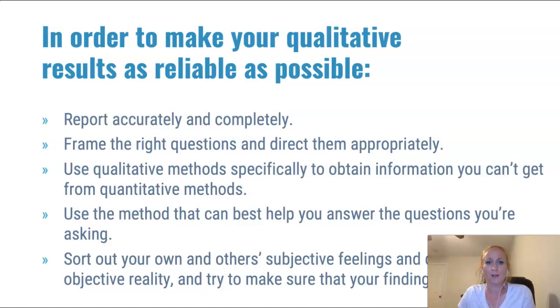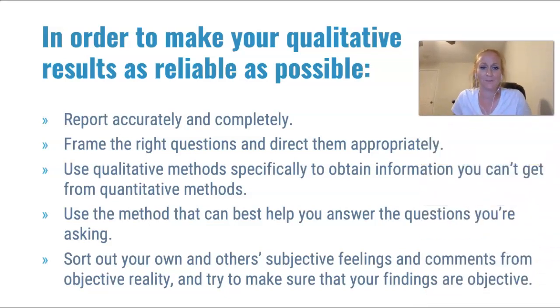In order to make your qualitative results as reliable as possible, you need to report accurately and completely and be as transparent as you can about the interpretive process you used to determine the outcomes. Frame the right questions and direct them appropriately. So make sure it's very clear to people looking over your work what questions you sought to answer.